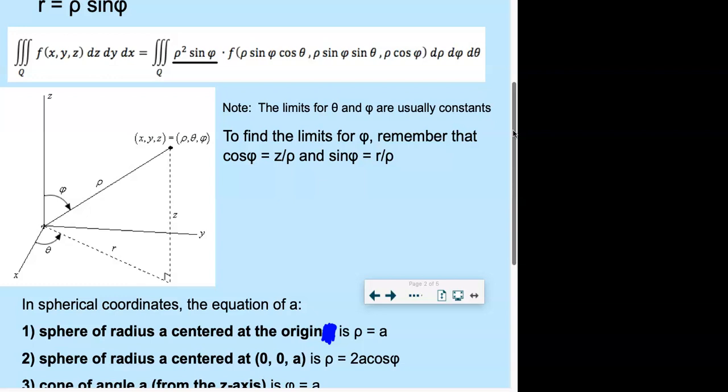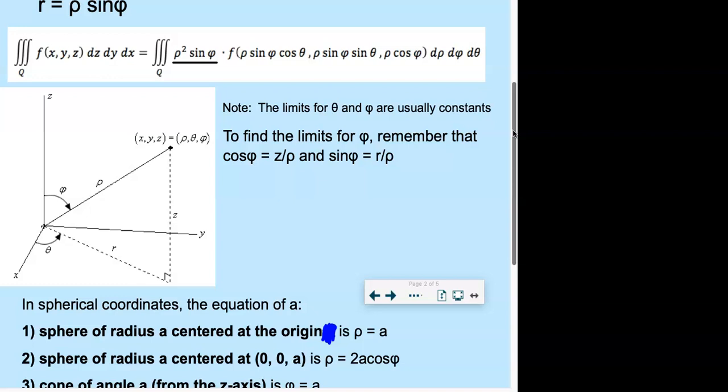Now, in polar and cylindrical, r is the radius coming out from the pole, but it's on the xy plane or parallel to the xy plane. So when you have an r and a theta, it produces some point that's still on or parallel to the xy plane.